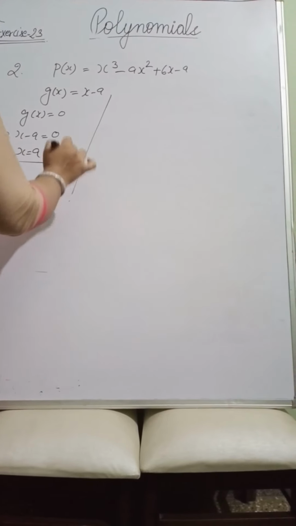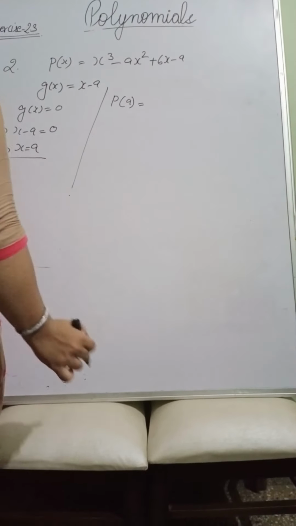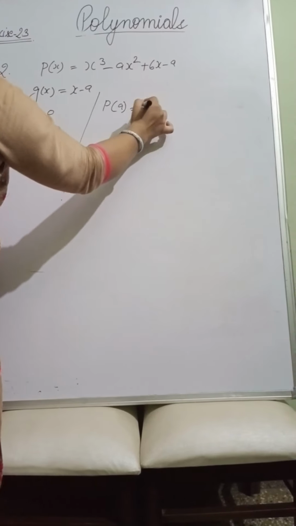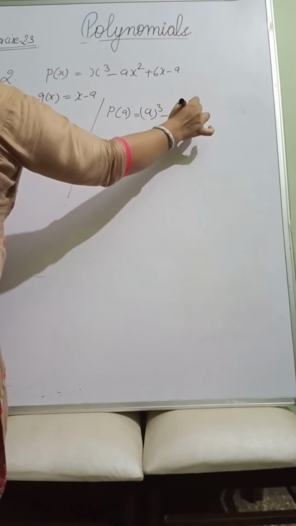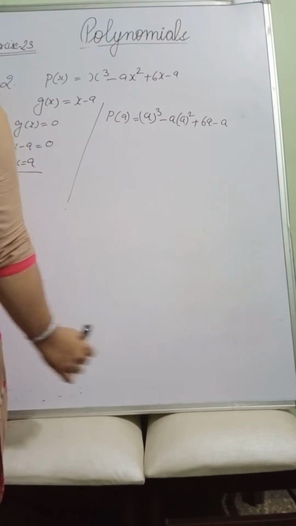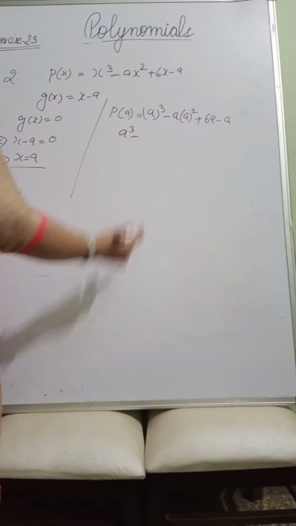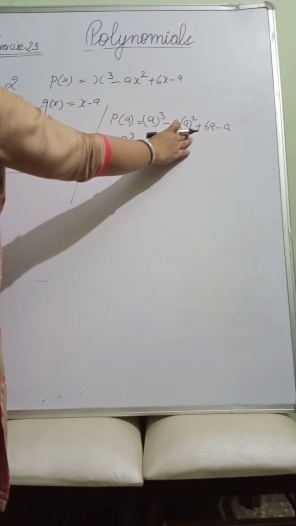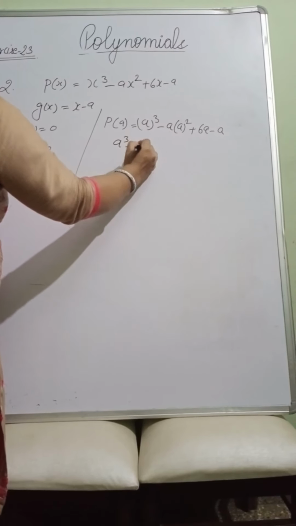So what will you find out, students? By remainder theorem, p of a: a cube minus a into a square plus 6a minus a. A cube minus a into a square. While multiplying variables, if you have the same base, then powers will be added.